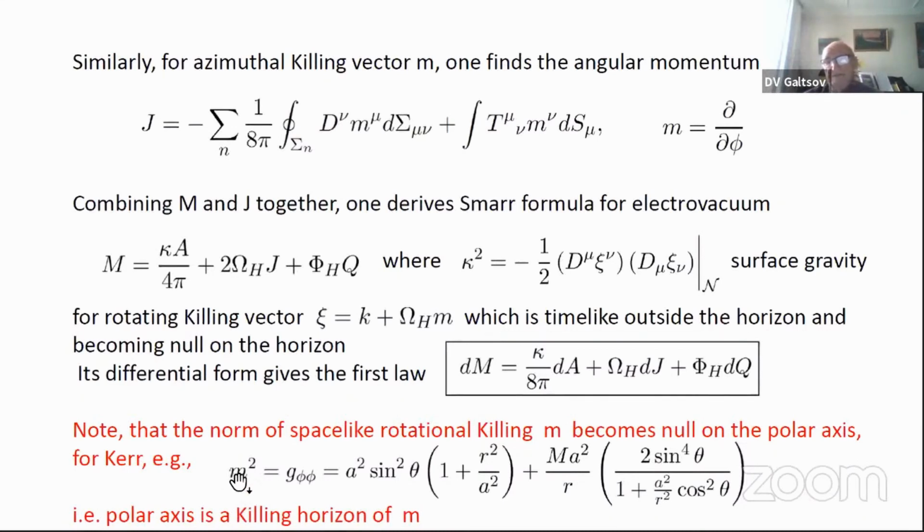So the polar axis is actually a Killing horizon for the azimuthal Killing vector. The difference with the black hole horizon is that outside the axis, it is space-like. On the axis, it is null, but there is no inside region.